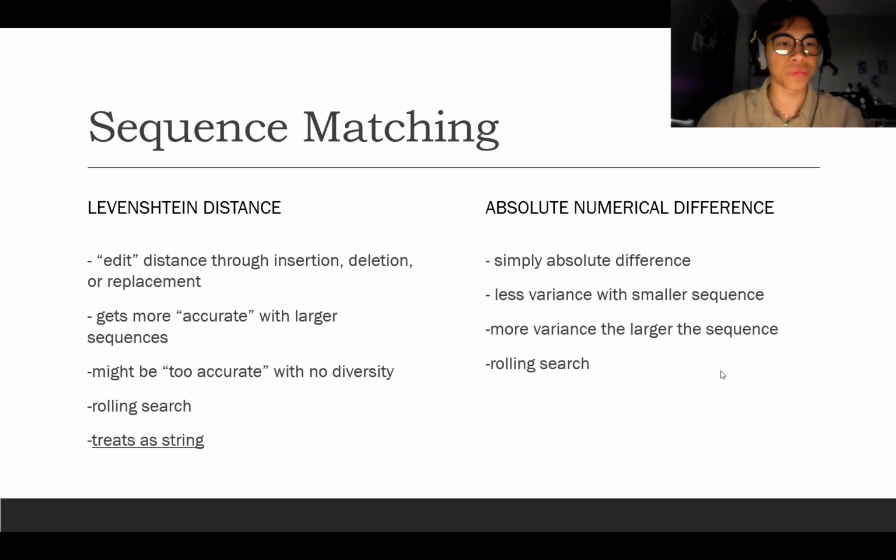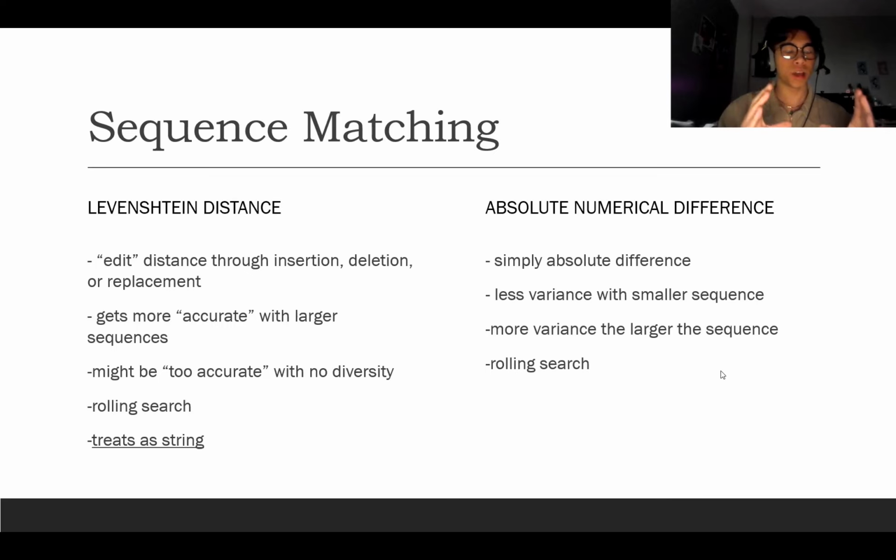So the Levenshtein distance is called the edit distance because it calculates the minimum edits you can make, through either insertion, deletion, or replacement, to match the two numbers. So it treats it as a string. Let's say you have 100 and your target is 80.